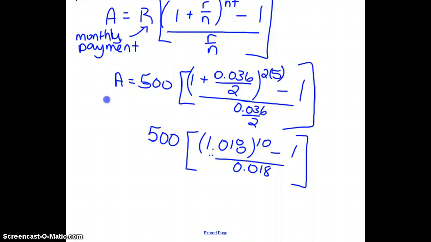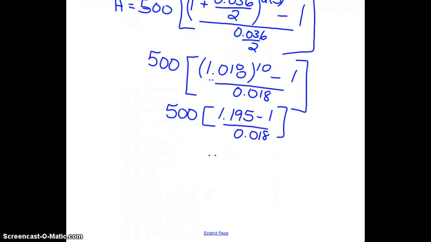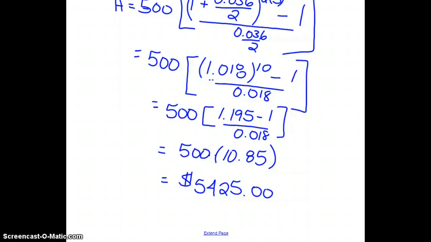So 1.018 to the power of 10, which is 1.195, minus 1, divided by 0.018. So then we have 500 times, when you figure that all out, the future value is 5,425, and that's how much money will be in his account.